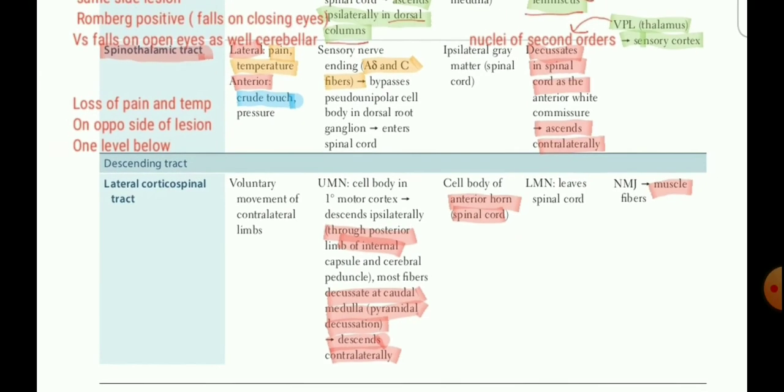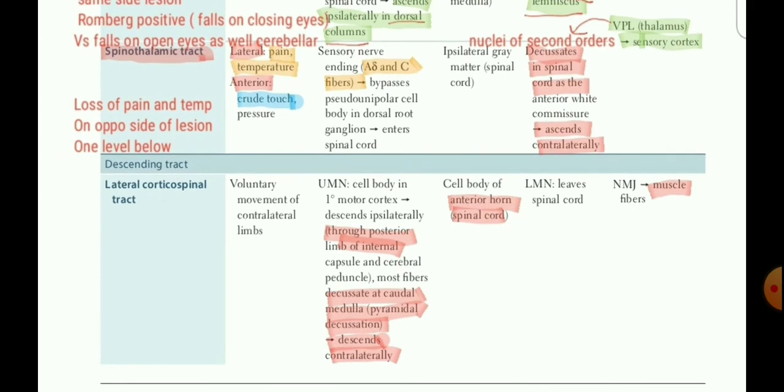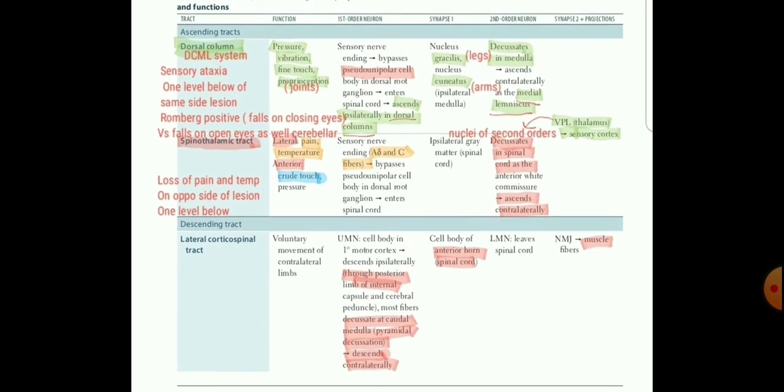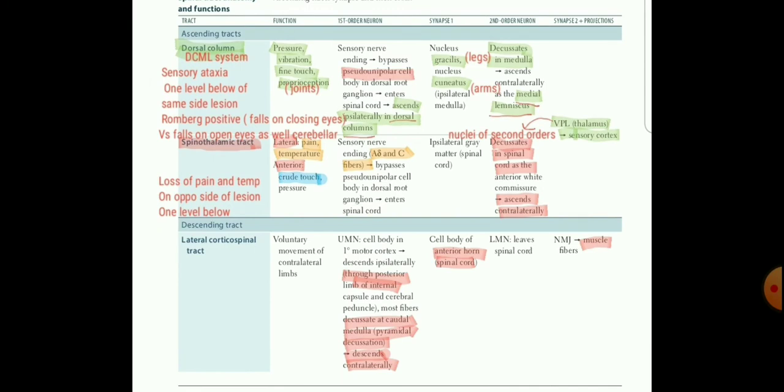That's why the brain controls the opposite side. They decussate at the level of the medulla, end on the anterior horn of the spinal cord, and then the neuromuscular junction controls the muscle. So these are ascending and descending tracts. You have to know the anatomy as well, so you can easily answer the questions.